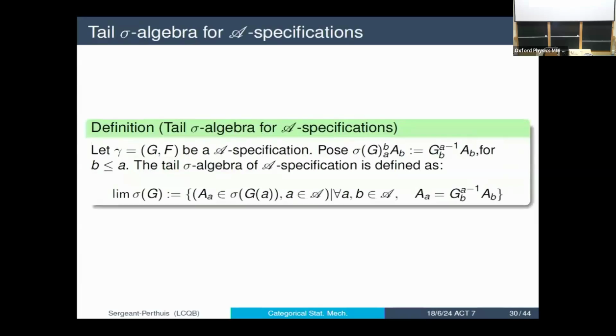If you want to define the notion of tail sigma algebra, you have to define it locally also. Basically, the tail sigma algebra is defined as all the sets that are stable when you look at their preimage by the functor of observables. So the functor then goes into measurable spaces. Another way to see it is as an indicator function, telling you that A is inside the limit of G.